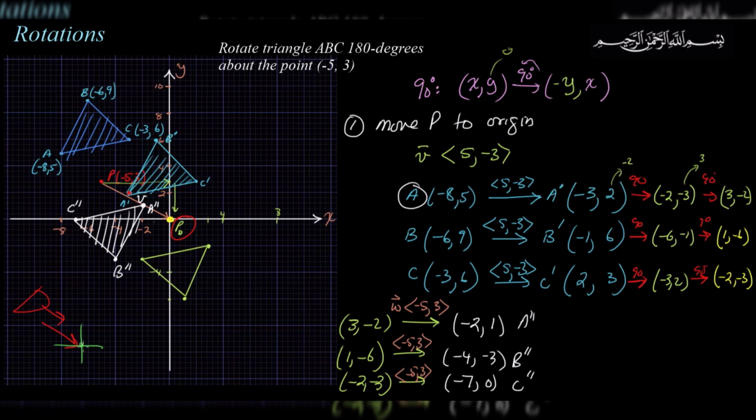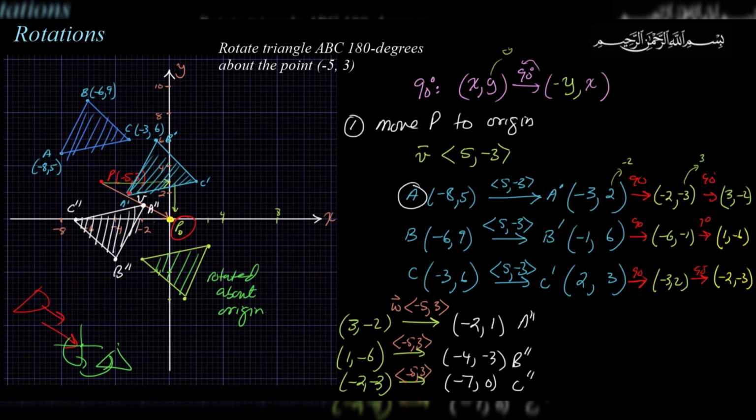Now P was at the origin, and we rotated about the origin 180 degrees. Once we had the rotated triangle, rotated about the origin, we moved that back by the same vector that we used, vector W, the reverse vector, going this way.